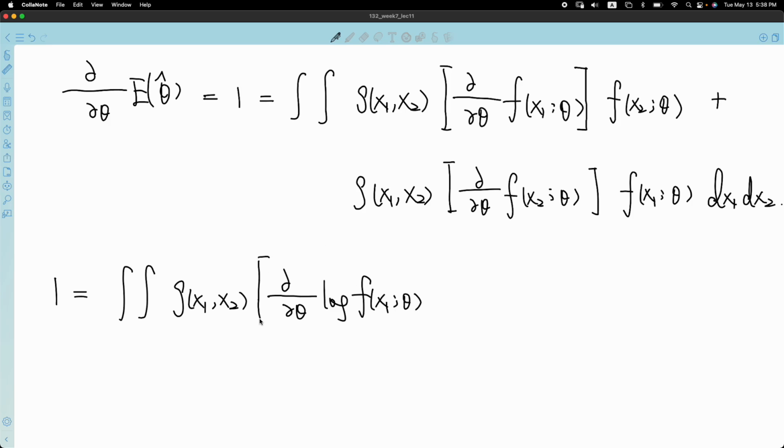Last time what we did is multiply and divide by the same thing, and then introduce the log inside the square bracket. By doing that, you also introduce an additional factor of f of x1, and the f of x2 comes from the original parts. So by introducing the log here, you're also introducing this. This is the same log trick that we applied last time.